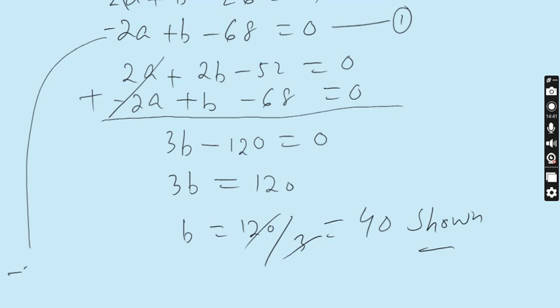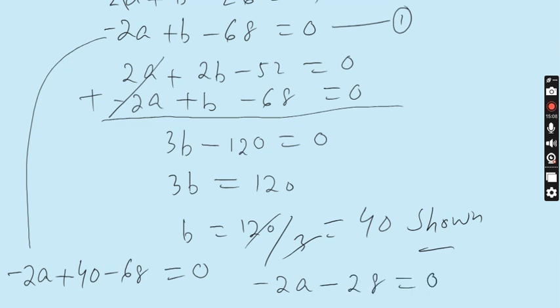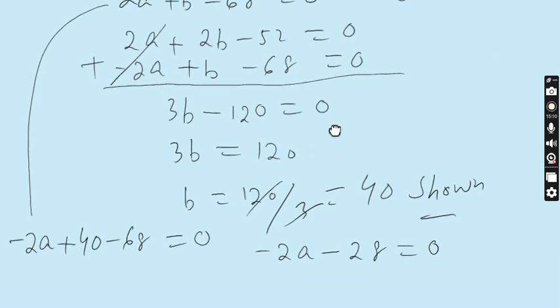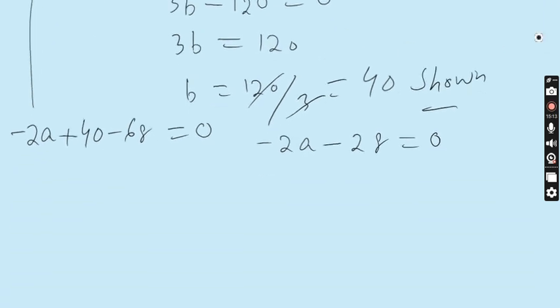So equation 1 is minus 2a plus b, b is 40, minus 68 is equal to 0, minus 2a, and 68 minus 40 is minus 28, I'm sorry, minus 28 is equal to 0, and minus 2a is equal to 28, and a is equal to 28 upon minus 2, which is minus 14.